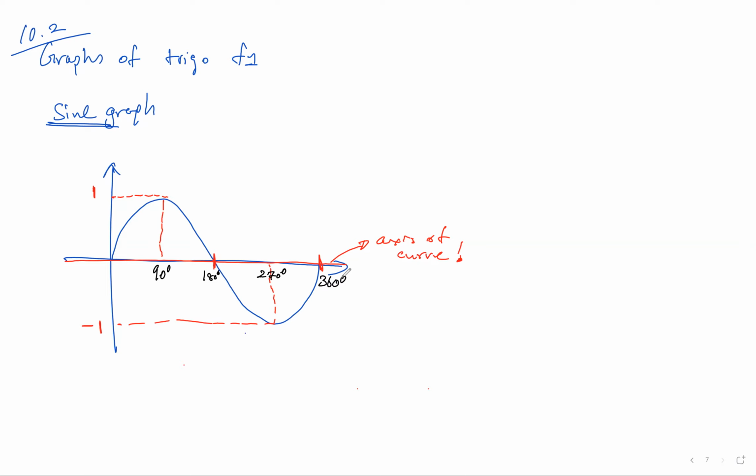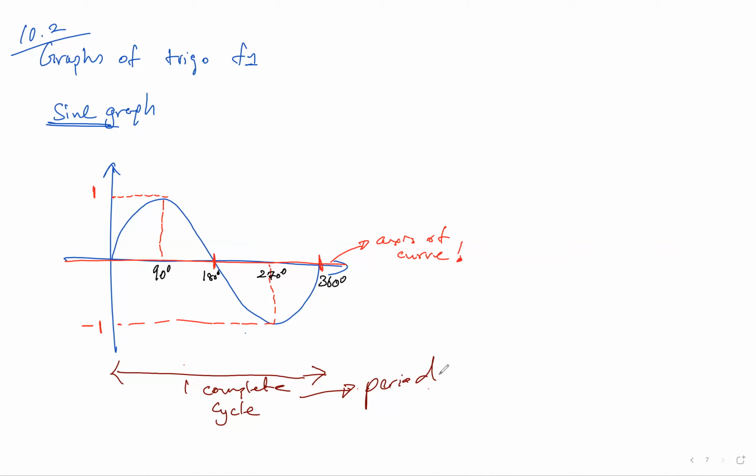So one complete cycle is from here to here. Or one complete revolution. And this is called as period. Okay.